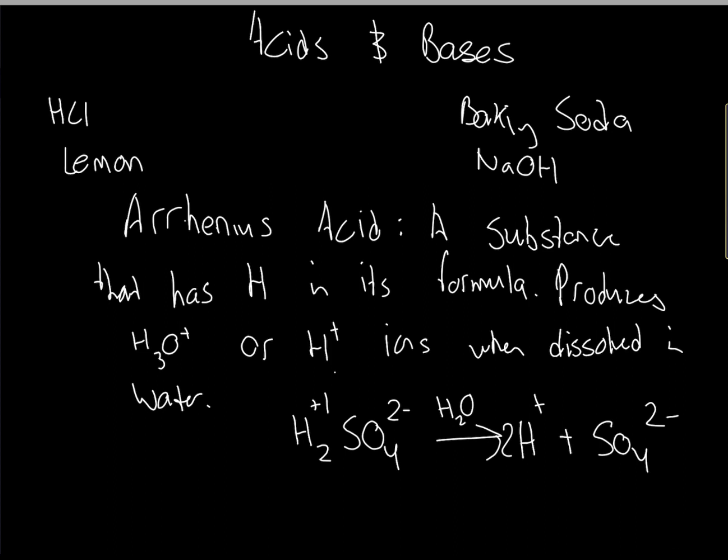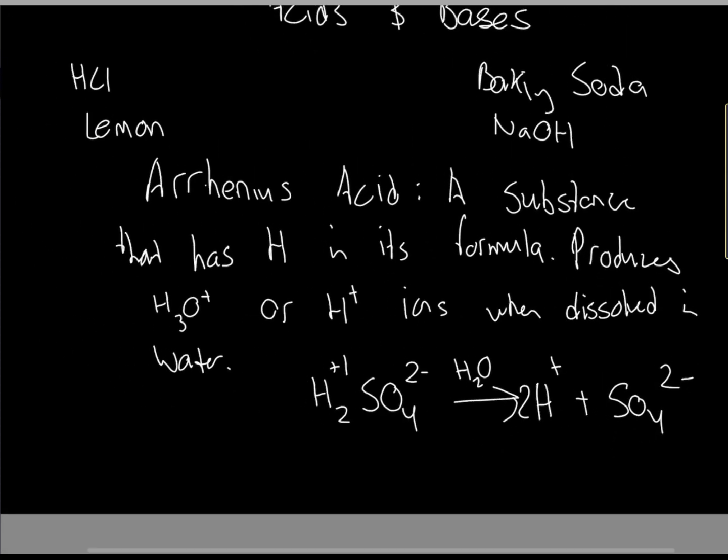And you might be confused. What do you mean when it produces hydronium ions? Well, think about water, H2O. What happens is this H plus ion can get attached to the H2O molecule.